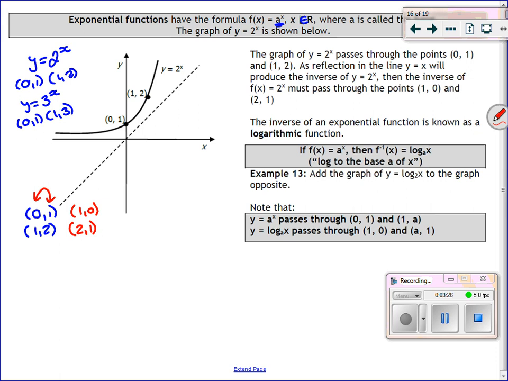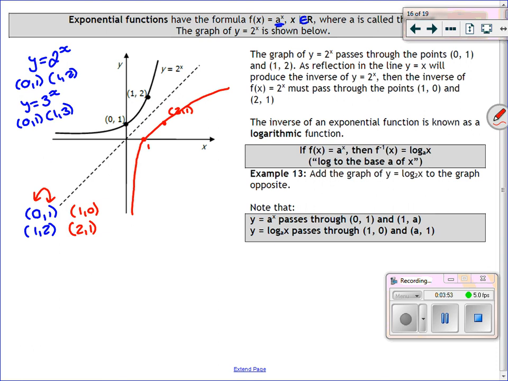So (0, 1) becomes (1, 0). (1, 2) becomes (2, 1). And that graph is going to look something like this. See, a mirror image that's reflected in the line y equals x.